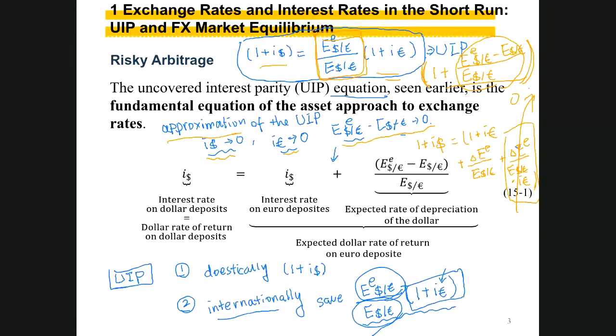That's the reason why the last term could be neglected. Okay, so the UIP approximation becomes the one we just saw here, right? So this equals this, and if we cancel out the 1, this parity should hold.